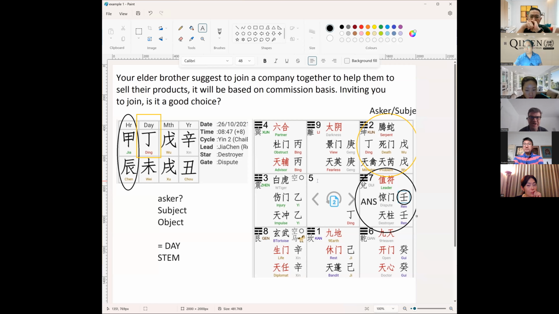May I ask a question? Yes. What is the relevance of the asker? If I'm asking about my elder brother, why am I then part of the game? The question is, I am asking about me, whether I should be going for it.